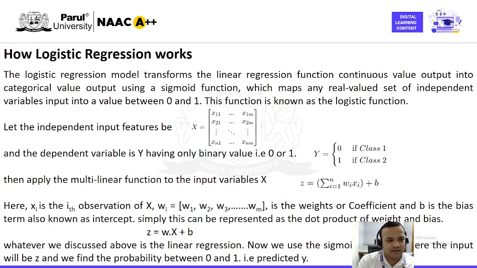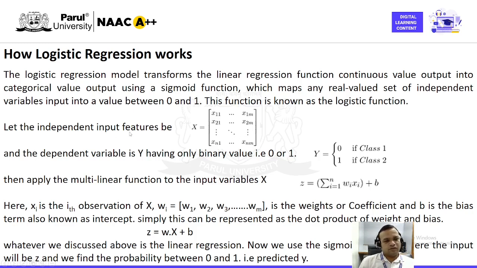Let's take the independent input features. We can represent them in matrix form. You can see here x, the feature set, is equal to x11, x12, x13, up to x1m, similarly x21, and so on up to xn1. So this is the matrix form representation of the input features.